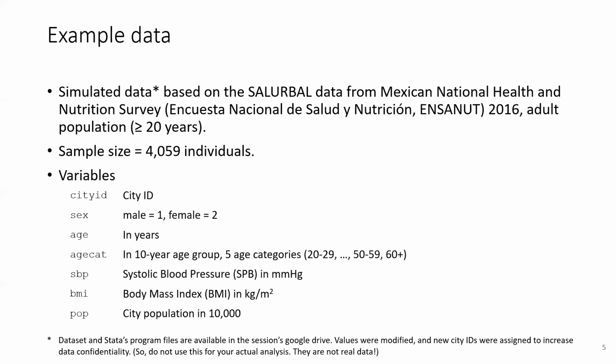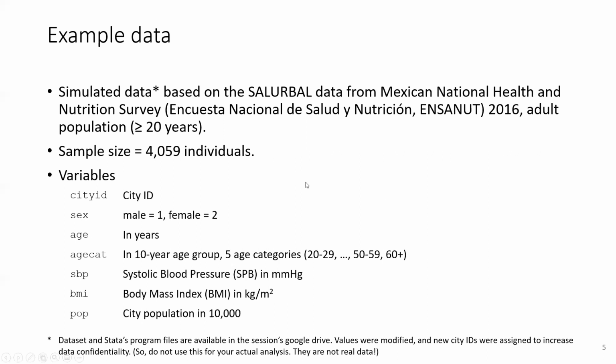But this is not a real data set, as I mentioned previously. I changed city ID and also I changed values. So don't use this data set, which you can find in the folder I mentioned previously, because they're not real. And this is just prepared for this purpose.